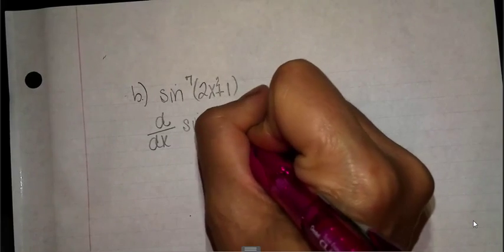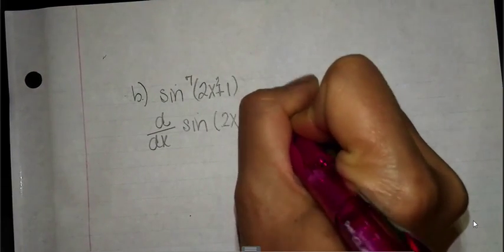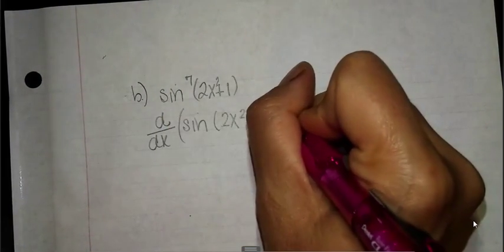Let's do that just for fun. Well, the derivative of this, I would rewrite it right away, so that I have the derivative of sine of 2x squared plus 1, and I'm taking this whole thing and raising it to the 7th power.